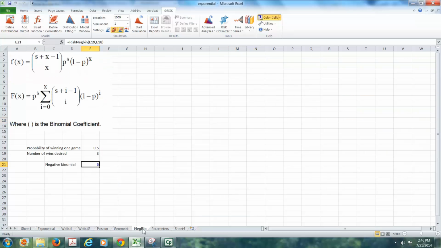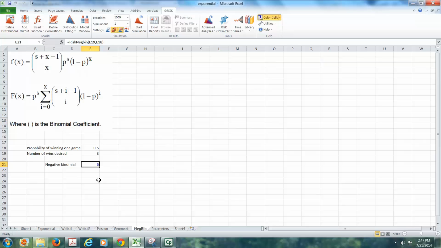Now let's move to the negative binomial. Suppose we're interested in the number of trials required to reach some number of successes that's larger than 1. To do that, we need a negative binomial distribution. This has the parameter p, and it also has the parameter s, the number of successes.